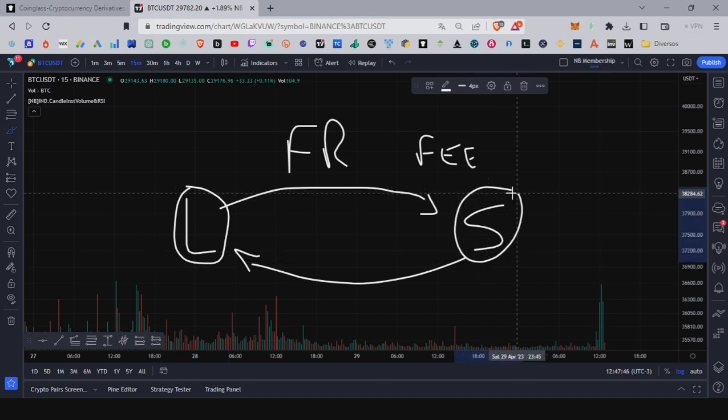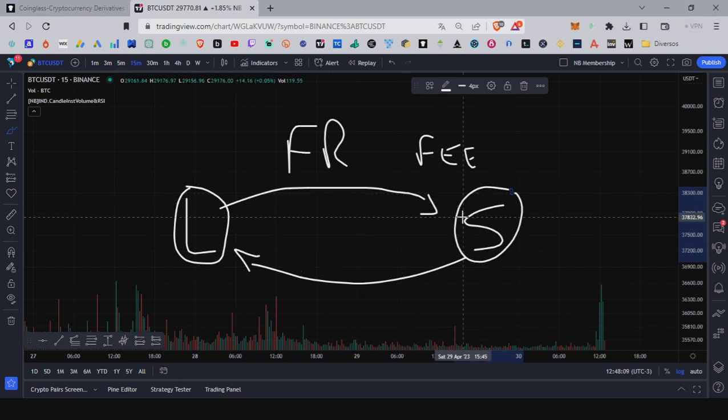This way, keeping a long position open is going to cost more money for the longers, and keeping a short position open will be more profitable for shorters, because they can have a profit, of course, but they will also receive the funding rate fee from the longers.